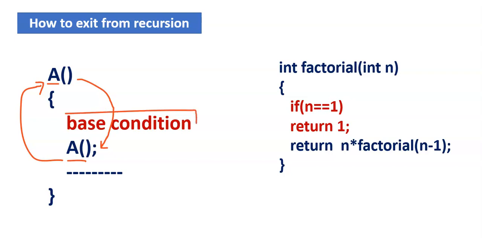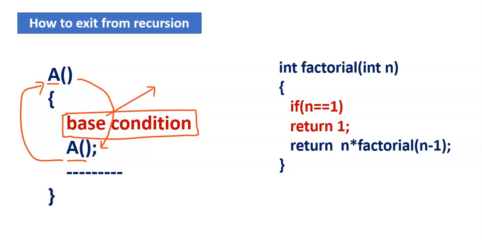We need to specify a base condition in order to exit from the recursion, or in order to stop the recursive function calls. So we need to write a base condition, and the purpose of the base condition is, once that particular condition is satisfied, we will exit from the recursion.